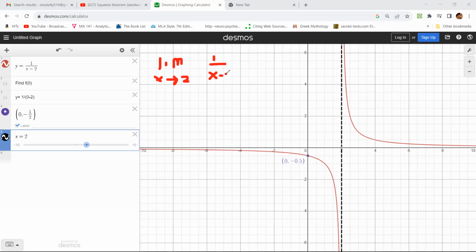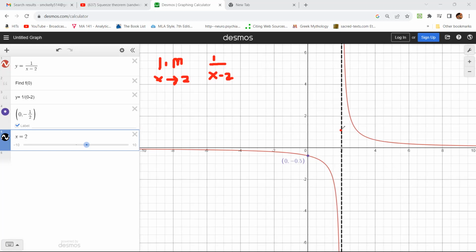Isn't that undefined? Look at the graph. So the function is undefined, right?